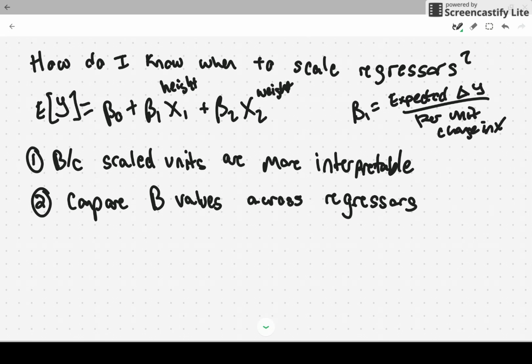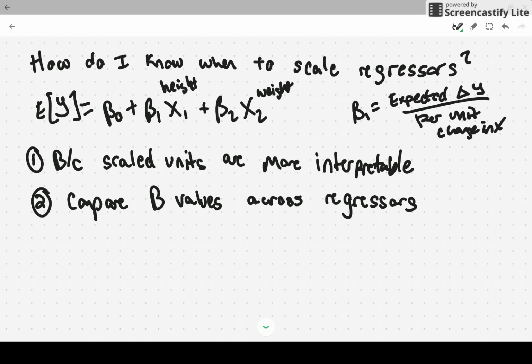So if our x1 is height in meters, then our beta 1 is the expected change in the response, in whatever units the response is measured, per 1 meter change in x. Sometimes we might want to rescale our regressors because maybe meters isn't so small. Maybe our x is some sort of astronomical distance, and it's just silly to have recorded it in meters, so we might want to multiply it by a factor.